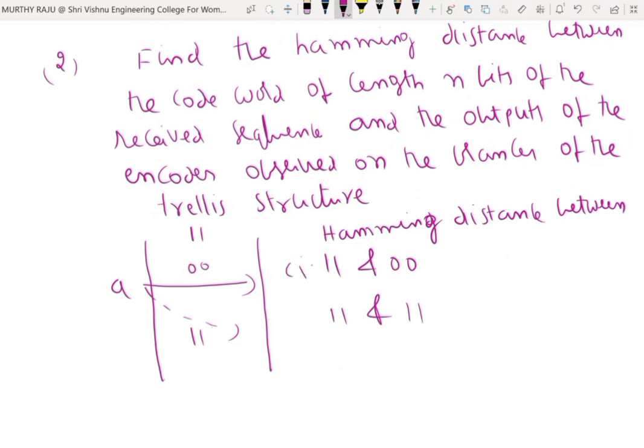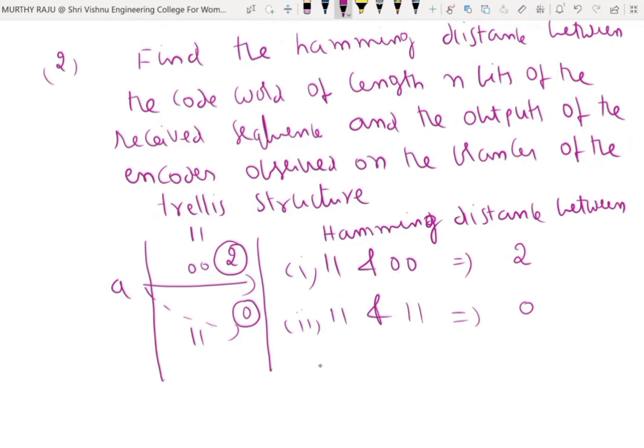Hamming distance between these two: 1 is changed to 0, 1 is changed to 0, so the Hamming distance is 2. Here 1 does not change, here it is the same as 1 1. Therefore, the Hamming distance is 0. Indicate this value inside the circle and place it on the branches of this trellis structure.